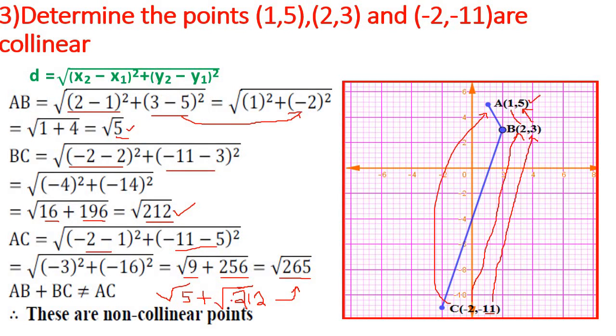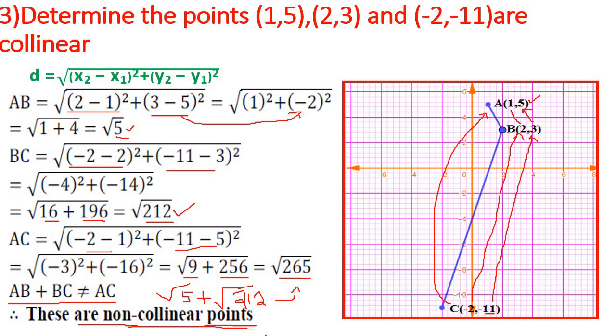So root 5 plus root 212 is not equal to root of 256. That's why we can write AB plus BC is not equal to AC. So these 3 points are non-collinear points, which means the 3 points are not in a straight line.